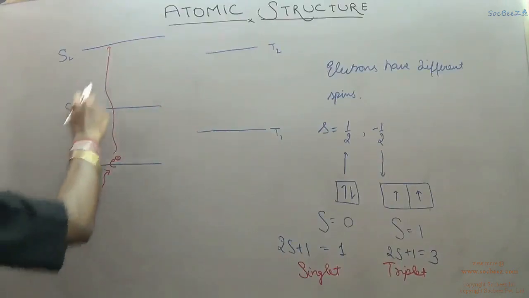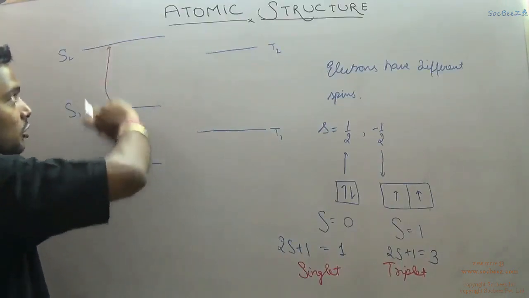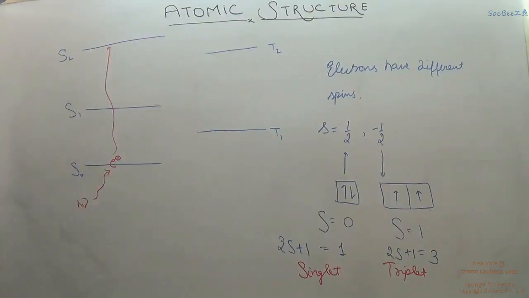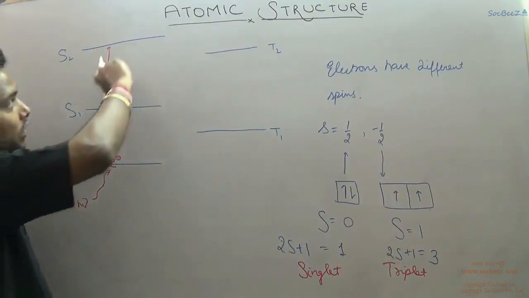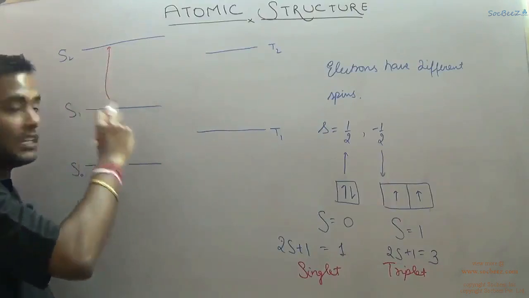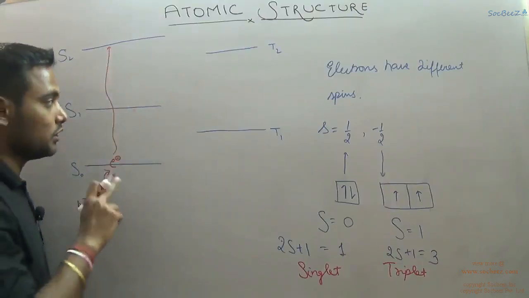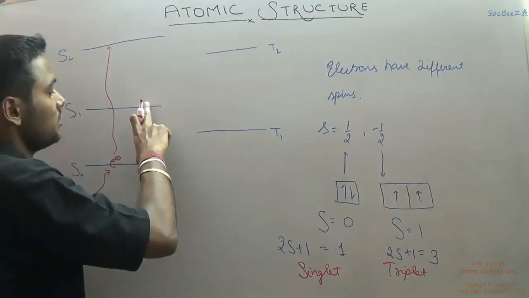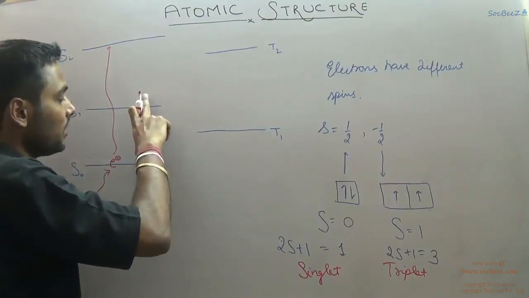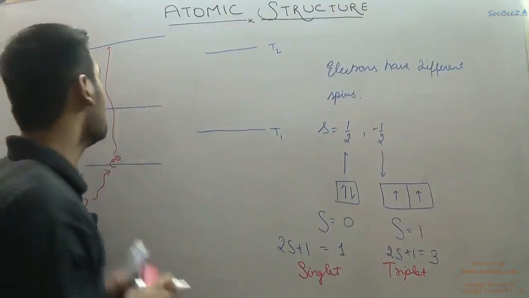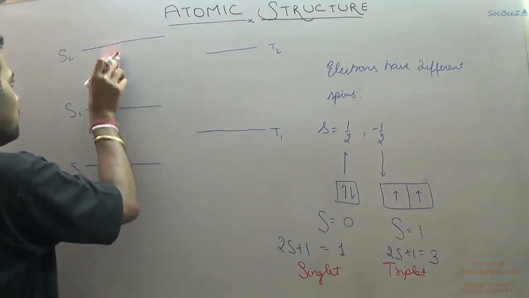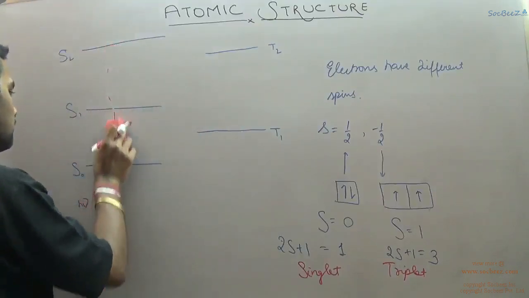I have made this arrow actually wrong. It is always denoted by a vertical line, because the energy gap between the two levels is directly proportional to the vertical separation between the two levels. So this is always denoted with vertical lines.